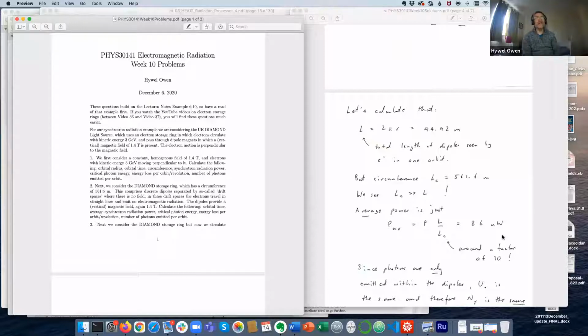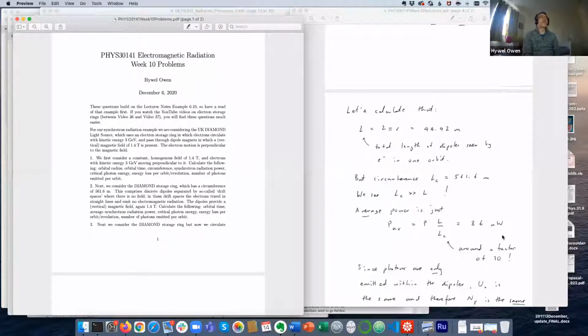By having a certain number of cells, so there are 24 cells in Diamond, each one containing 2 dipoles, we restrict the spread of the electrons within these drift sections so that we can place other emitting devices. I haven't mentioned those for simplicity, but there are in fact other emitting devices placed within the storage ring, but we're simply ignoring that from the point of view of this calculation because it just makes it more complicated.